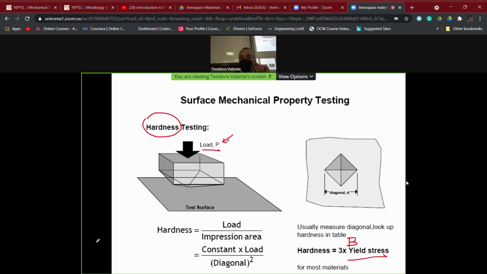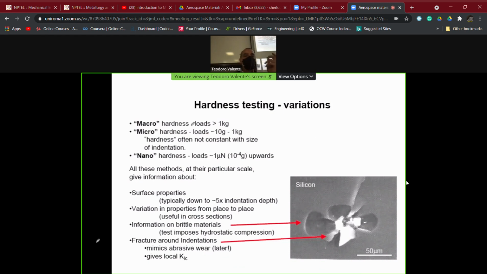And so in hardness, I remind you that we can have the distinction between the so-called macro hardness, in which usually or generally, depending also on the standard we are going to use and on the form of the indenter, we have applied loads which are higher than 1 kilogram.